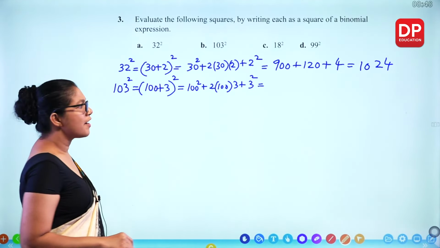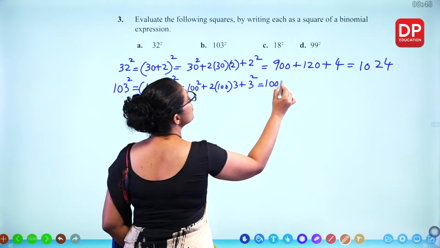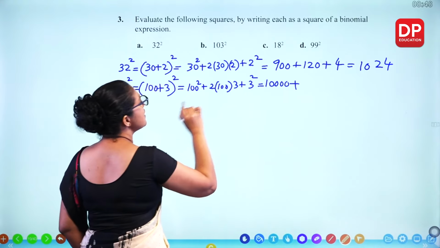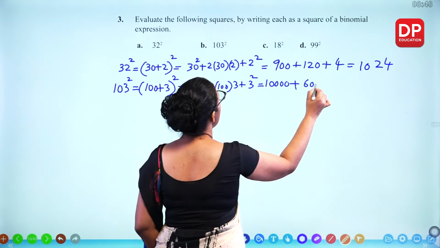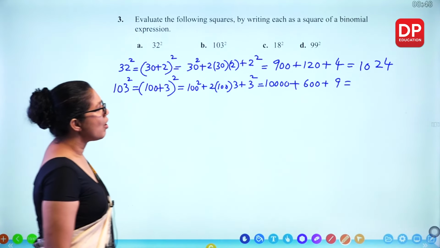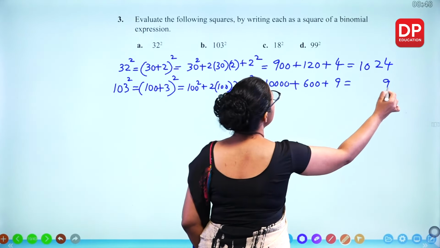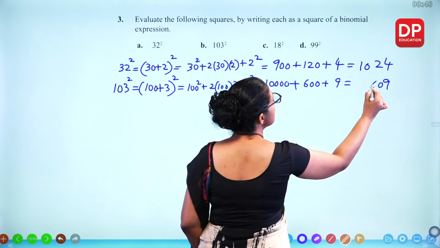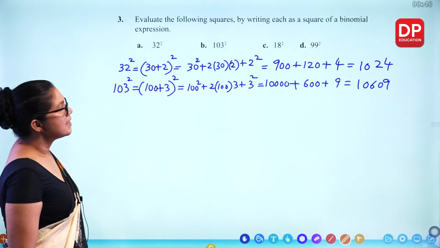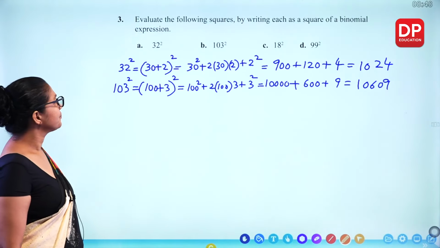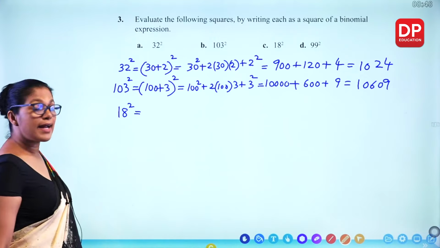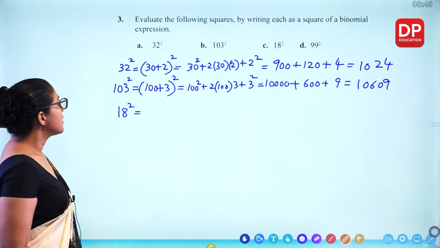Expand. 100 times 100, you get 10,000. 2 times 3, 6. 6 times 100, 600. 3 times 3, you get 9. Now, add all the numbers together. You get 10,609.